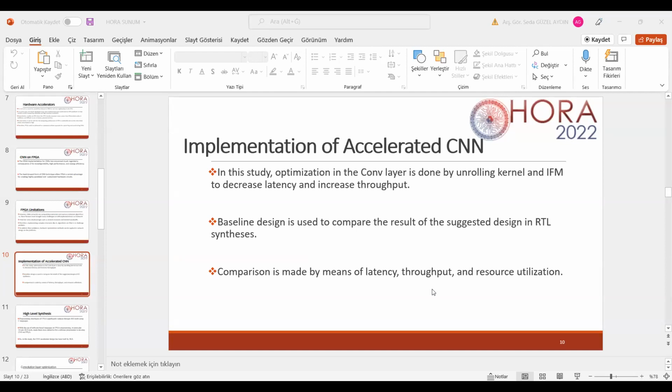A baseline design is used to compare the results of the suggested design in register transfer level synthesis. Comparison is made by means of latency, throughput, and resource utilization.